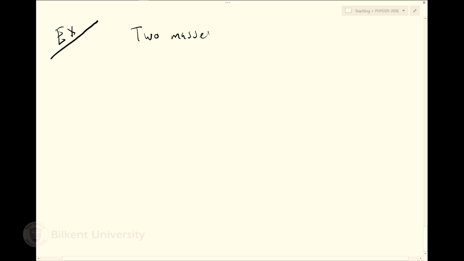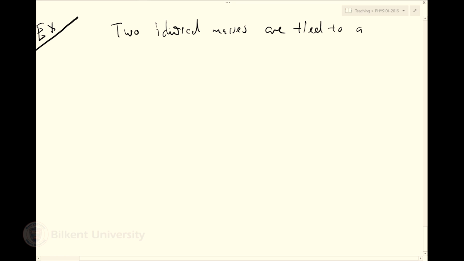Two identical masses are tied to a pivot point as shown.